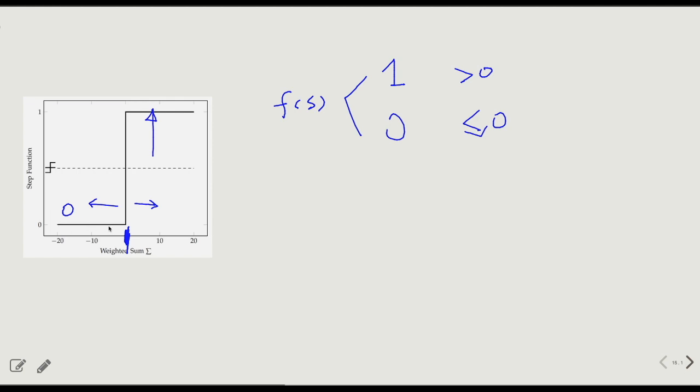So instead of having this function that is not differentiable, we should use a smooth function similar to the step function, which can help us transform the data, but is differentiable so that we can take the derivatives to update the weights.